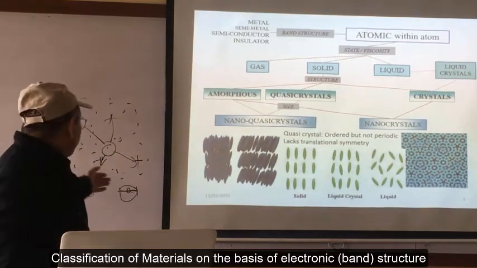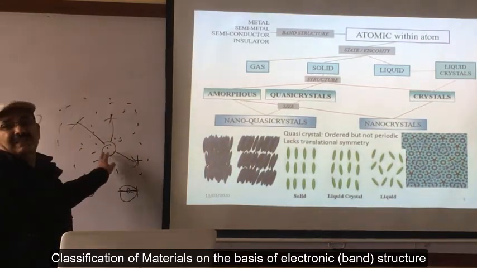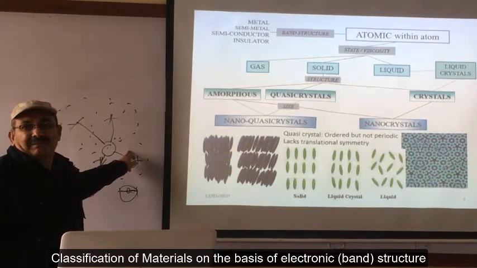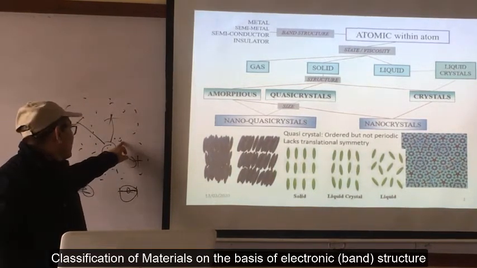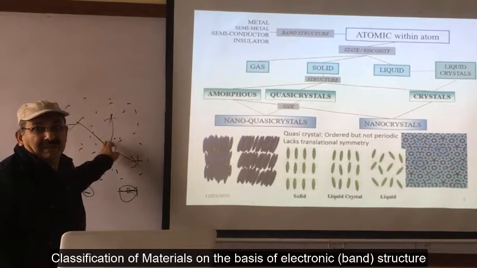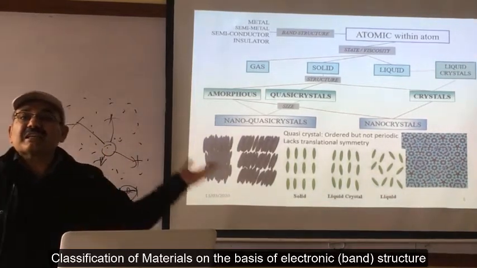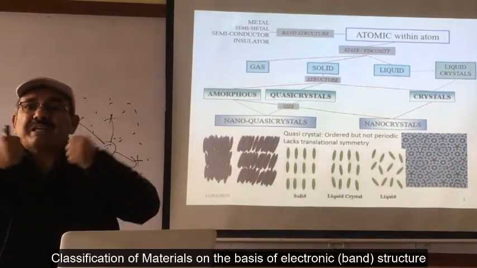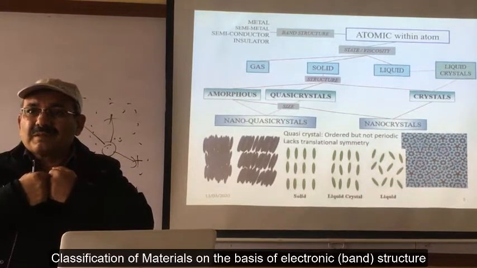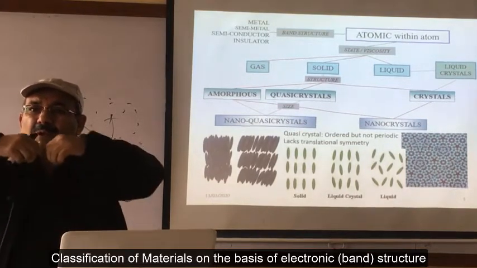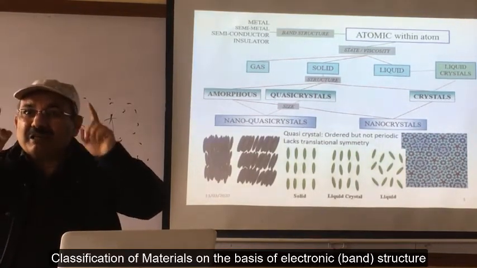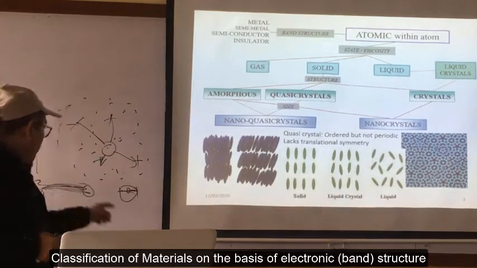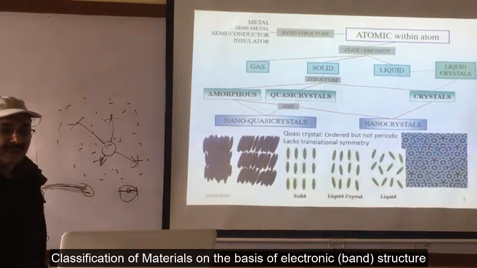But in the case of metals, if this cation is here or there, if this electron is binding this with this or not with this, still there are many electrons to keep it intact. What does this mean? When you pull it, it will not break. But when you pull this, it will break.